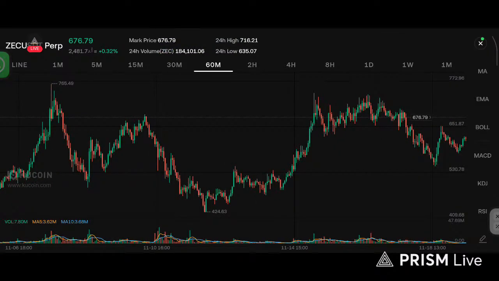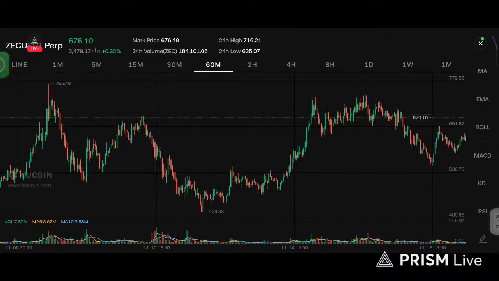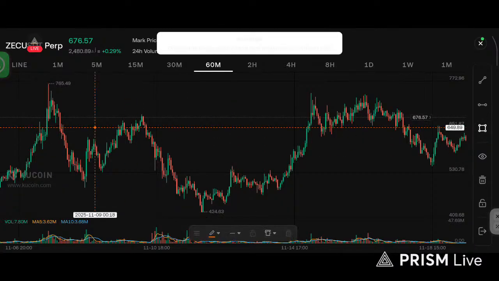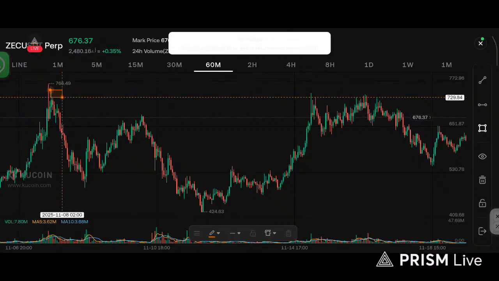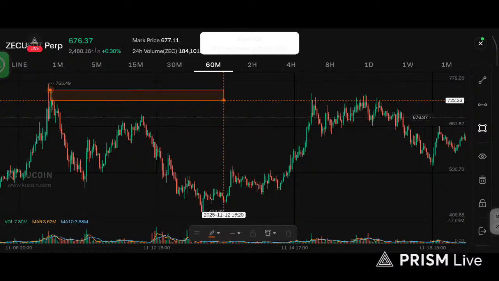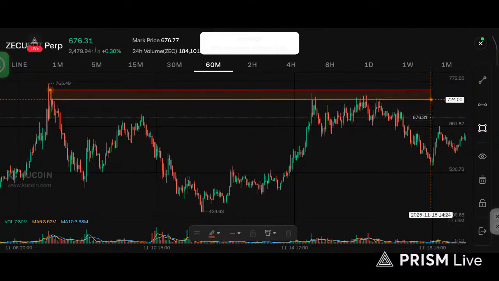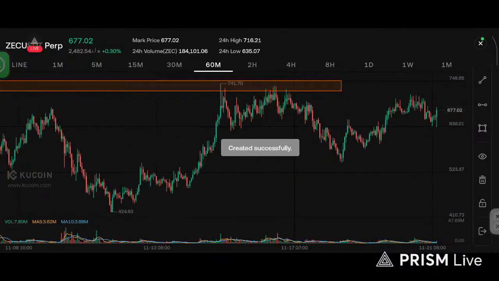Now guess what happened in the market? This is the last buy candle before the market sold off, and that is our order block.